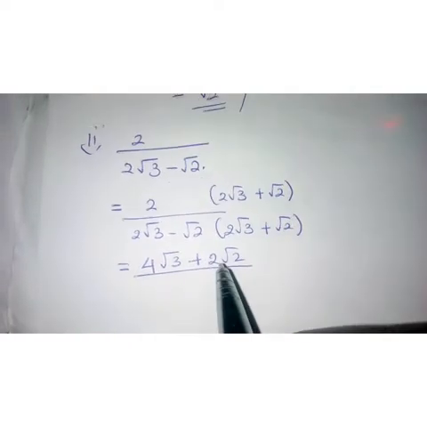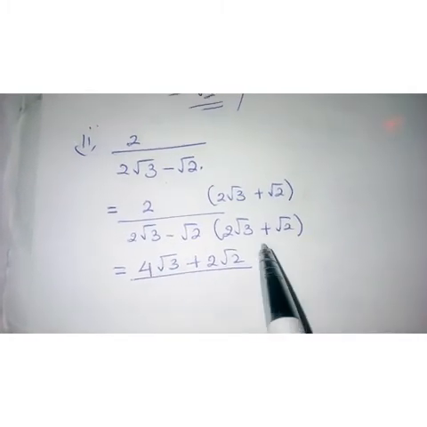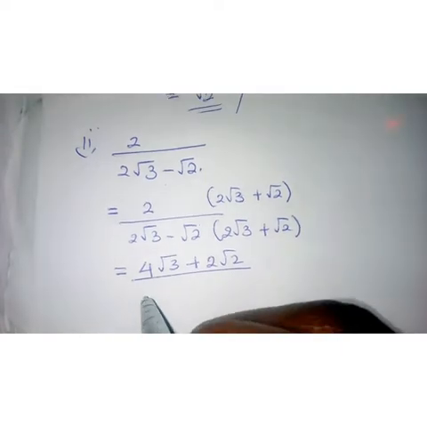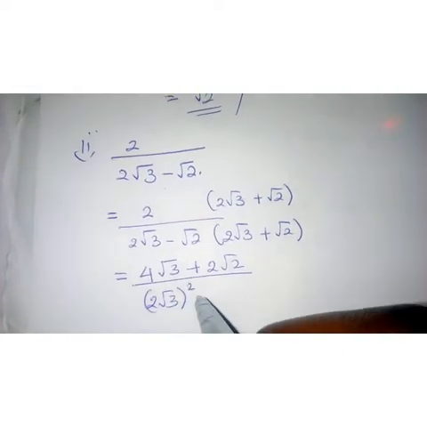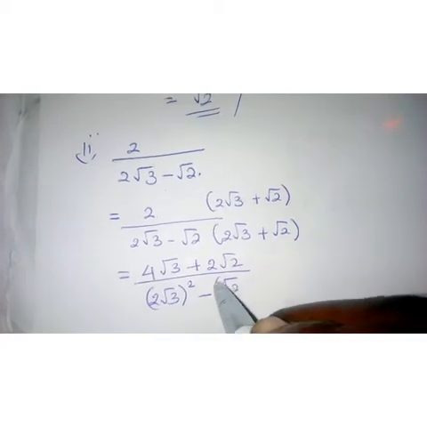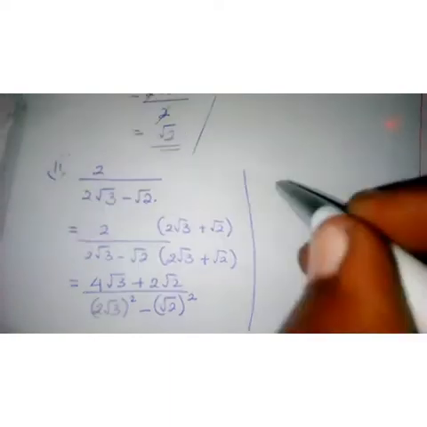Like I've always told you, it gives you a difference of 2 squares, because it is the definition of the difference of 2 squares. So this will be 2 root 3 squared minus root 2 squared.